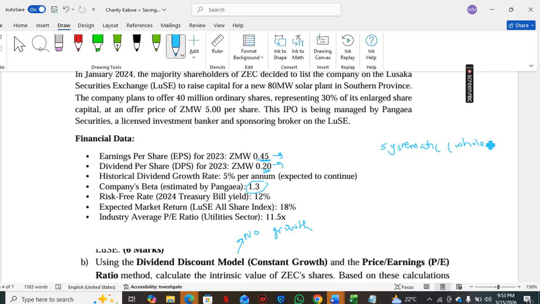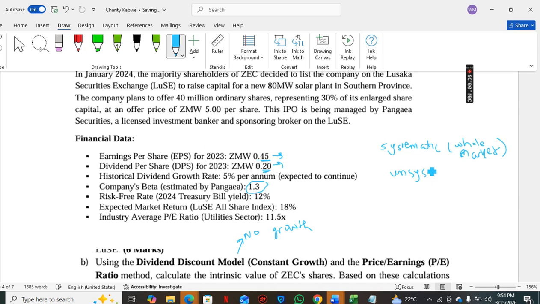Remember a portfolio is just a group of investments. With the portfolio, you are trying to minimize unsystematic risk. Unsystematic risk is just a risk specific to a certain industry.